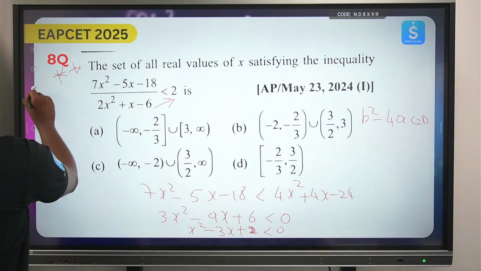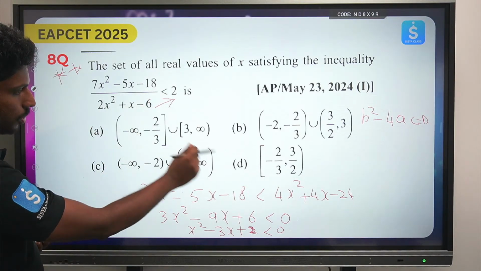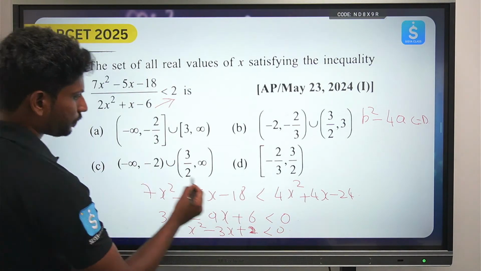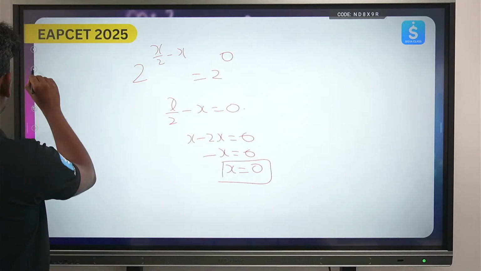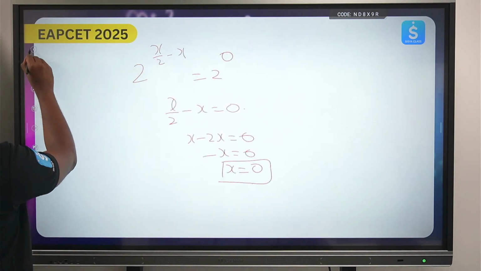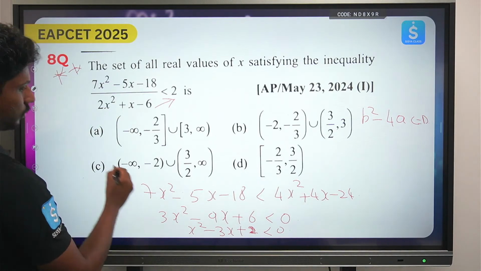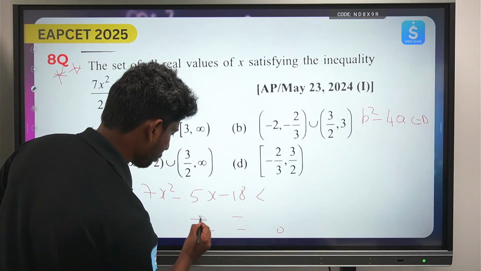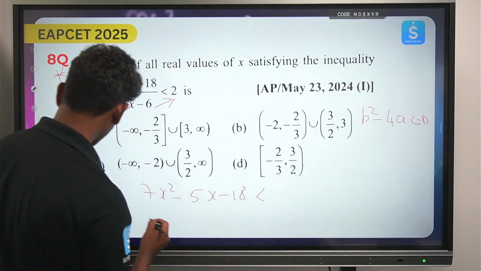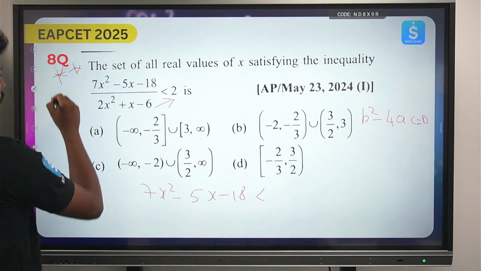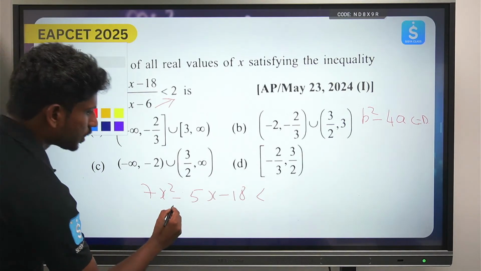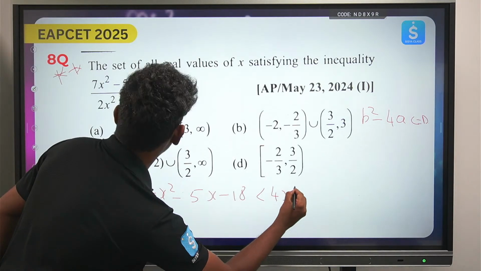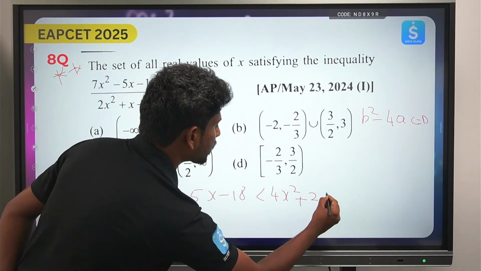Okay, I have made a small mistake over here. 2 into 2 is 4, so this will become 4x square plus 2x minus 12.